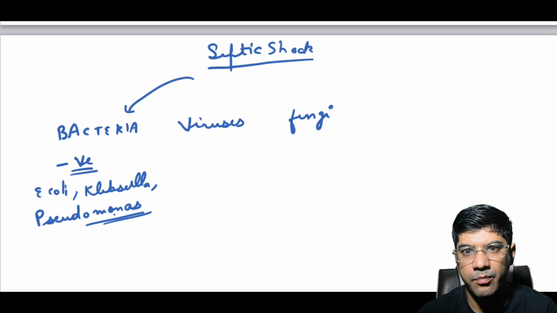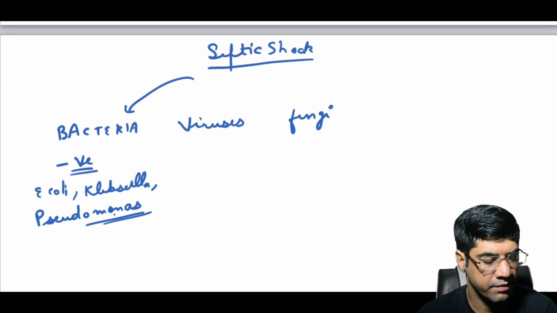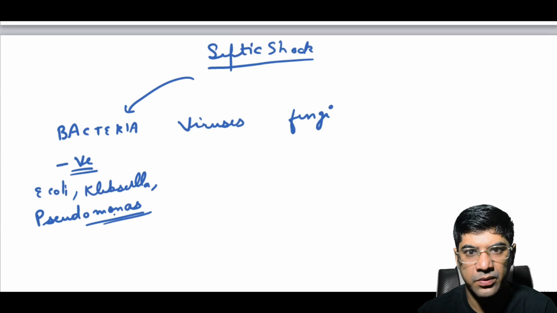Other infections like meningitis and endocarditis can trigger septic shock, especially in patients who are elderly or who have a weakened immune system response. Now the pathology of septic shock. First of all, there is a systemic inflammatory response.